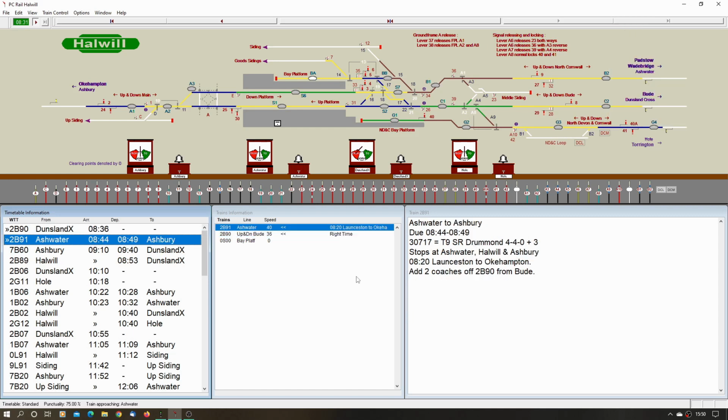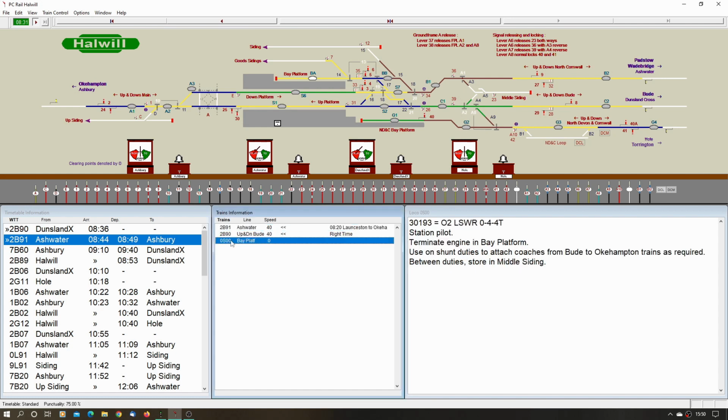Right, that's Ashwater is offering this class 2, which I can accept. I was thinking of running that light engine behind 34 so it's ready to couple onto the back of this train, but I can't do that because this train's been accepted to there.